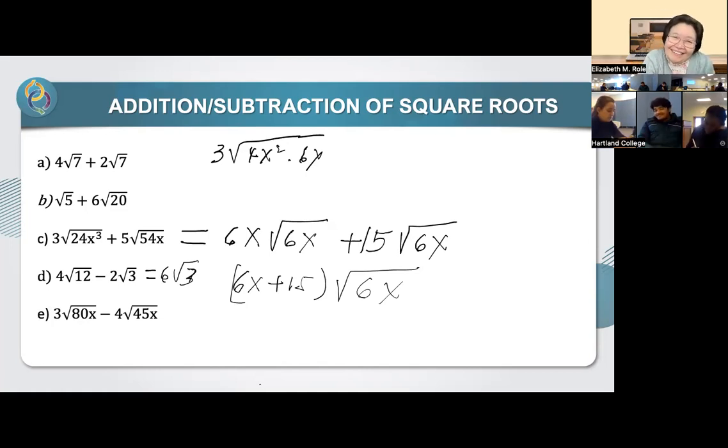Answer: square root of 5x. How about the others? Do you have the same answer? Any other answer? Okay.